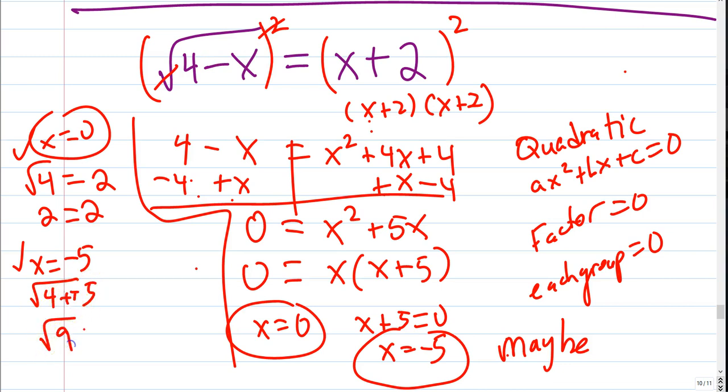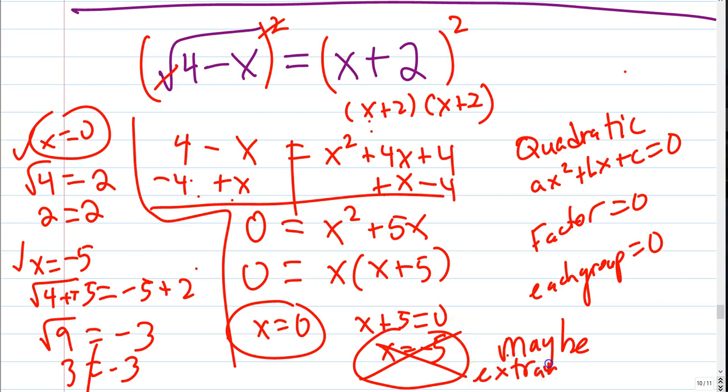So the square root of 9 is equal to negative 5 plus 2. The square root of 9 is equal to negative 3. Since that square root was already in the question, then we end up getting 3 is equal to negative 3, which is not true. So that makes that negative 5 extraneous.